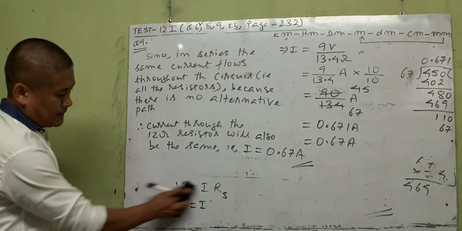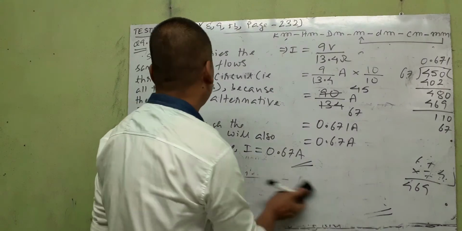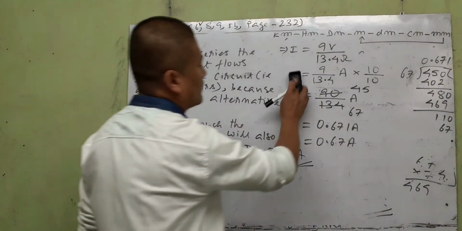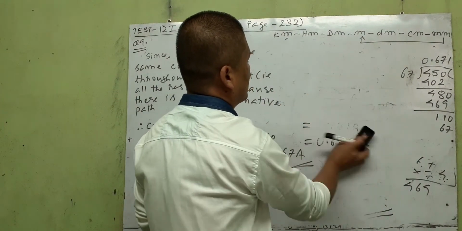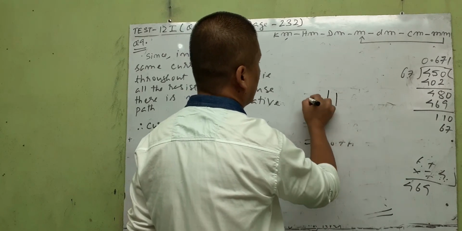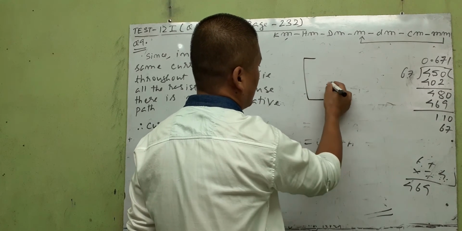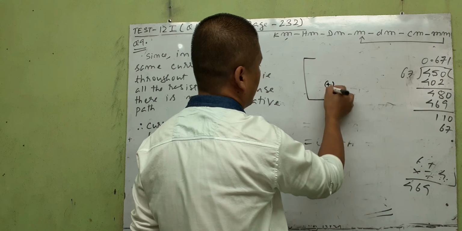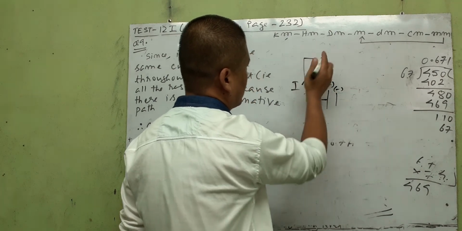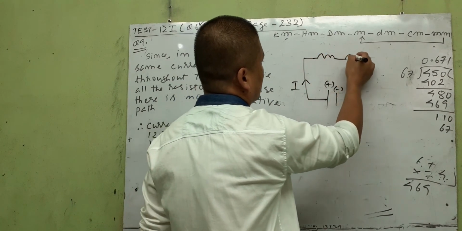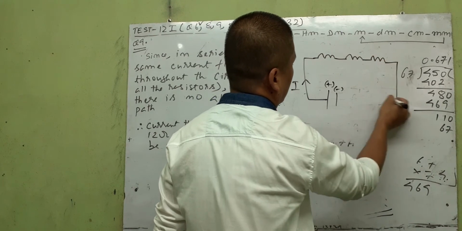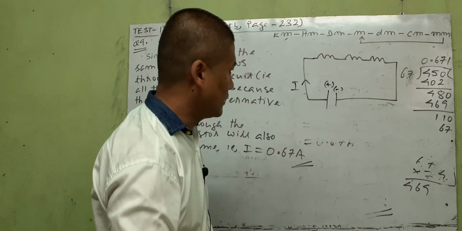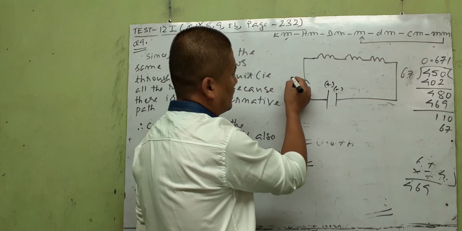Now to explain this a little bit before we end the class, look here. If you connect in series, then from the battery the current is coming, plus minus. Current always flows from positive to negative. First one, second one, third one. Let us say this is 10 ampere.